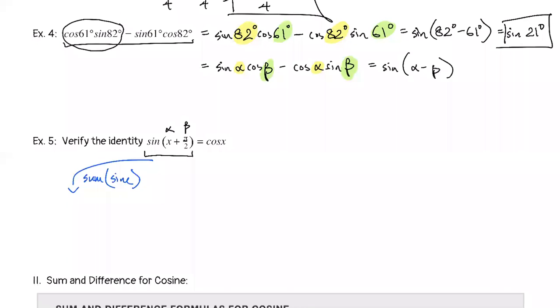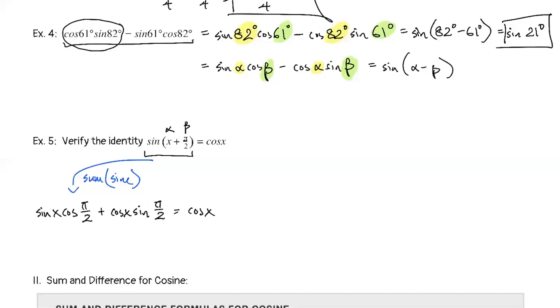So when we expand out, we get sine x cosine pi over 2 plus cosine x sine of pi over 2 equals the other side that we didn't touch yet. Okay, so it's one more trick to add to our bag of tricks on how to substitute out in an identity.